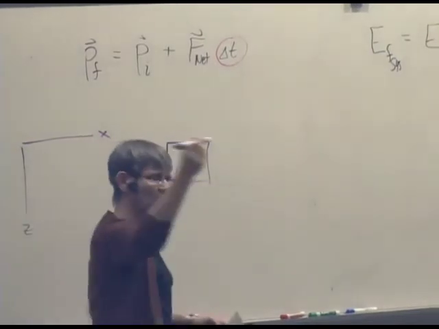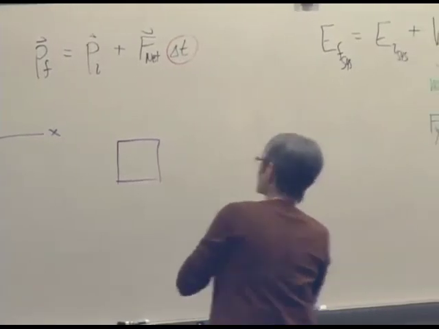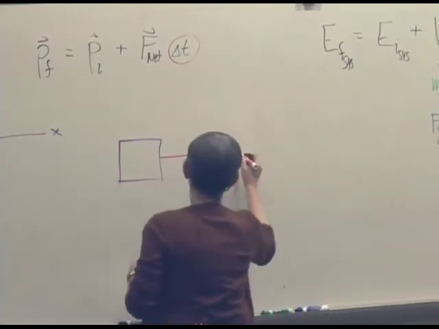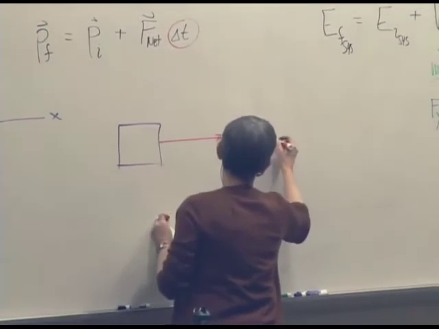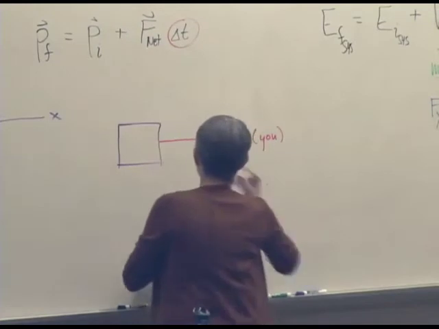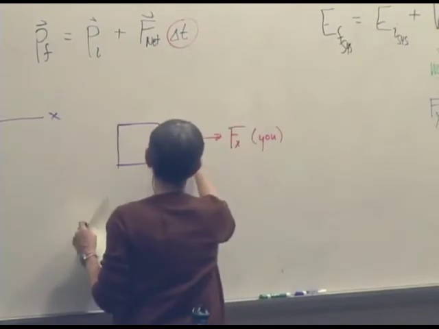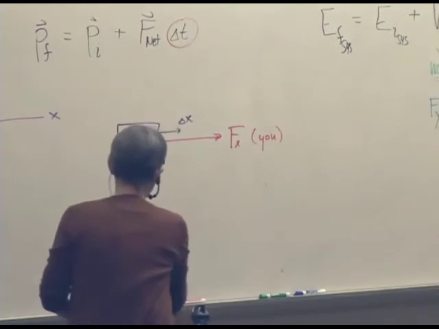We're standing on the y-axis looking down. Okay. And you exert some force F in the x direction, and the box moves some distance delta x in the x direction.